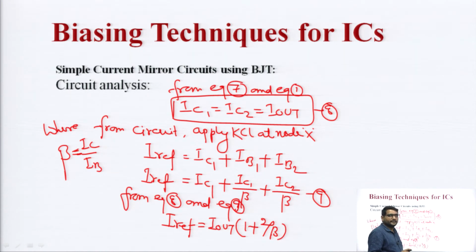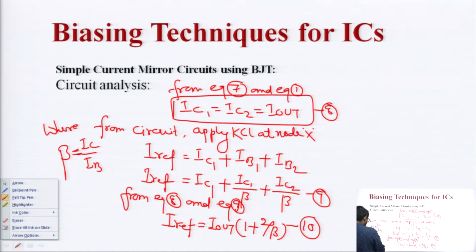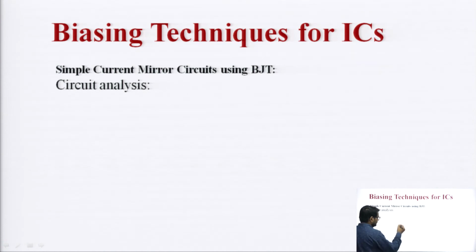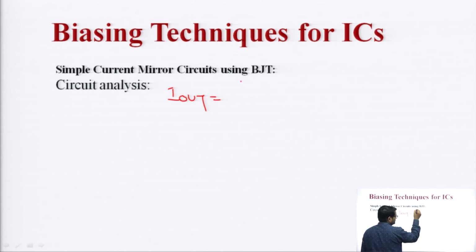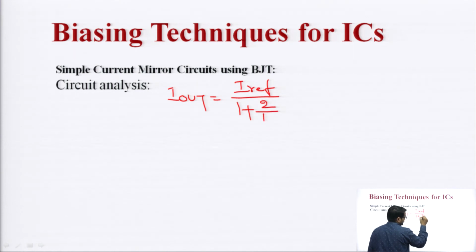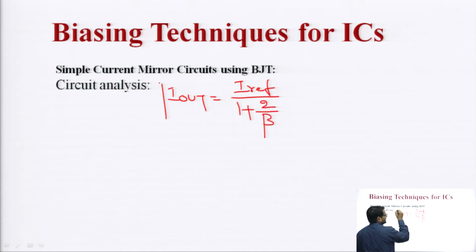This is our equation 10. We put IC equal to IC1 equal to IC2, then we find I reference equal to I out times 1 plus 2 by beta. That is, I out equals I reference divided by 1 plus 2 by beta.